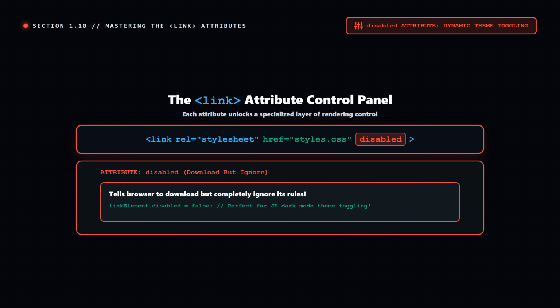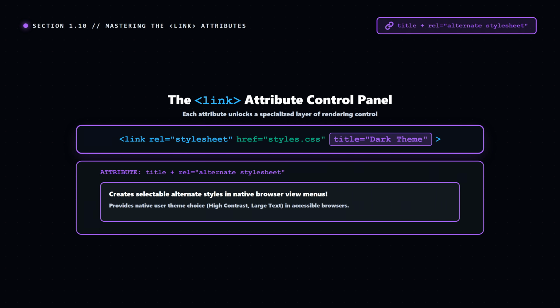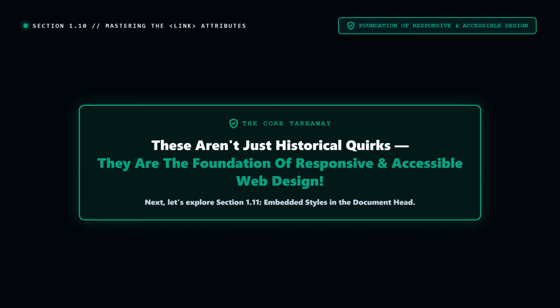The disabled attribute tells the browser to download but ignore the style sheet, useful for toggling themes with JavaScript. And the title attribute, when combined with rel equals alternate stylesheet, creates a selectable alternate style that users can choose from their browser's menu. These aren't just historical quirks. They're the foundation of responsive and accessible design.